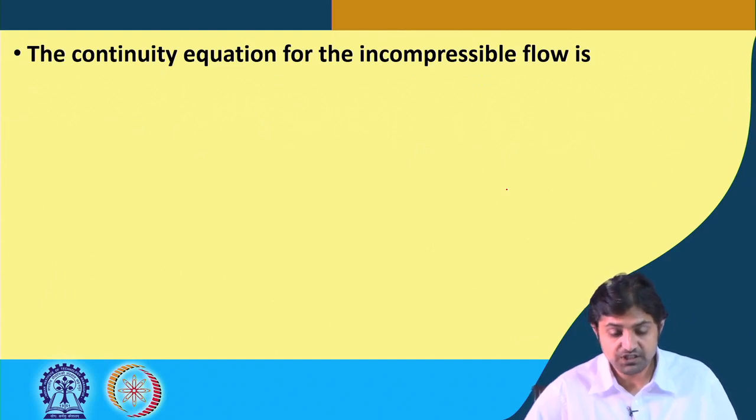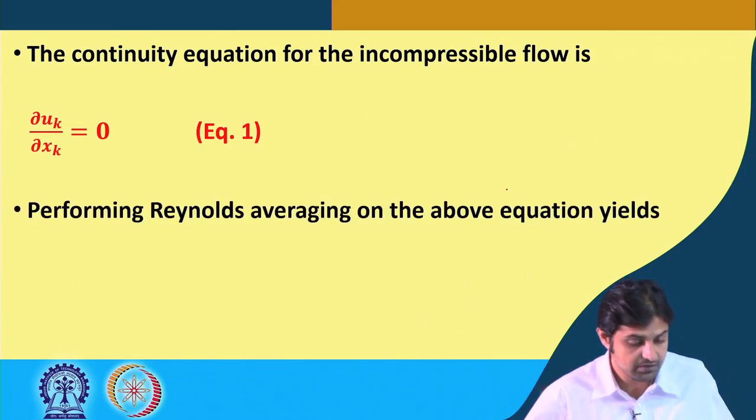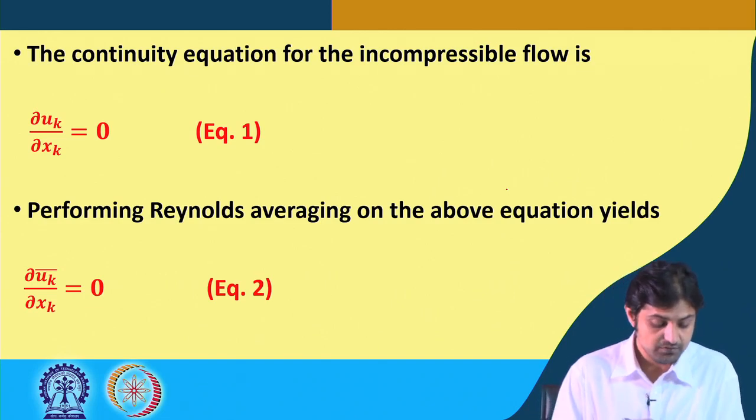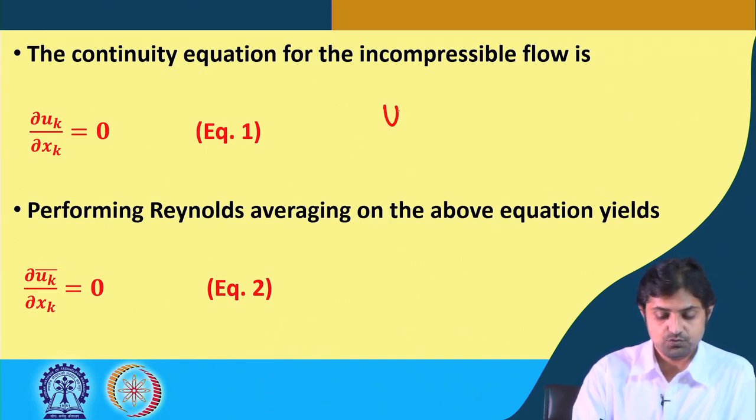So, the continuity equation for the incompressible flow is this: del uk by del xk is equal to 0, right? And if we perform the Reynolds averaging on the above equation, it is going to yield one equation, that is del uk bar by del xk is equal to 0. You don't have just uk, you can write uk bar plus uk prime.